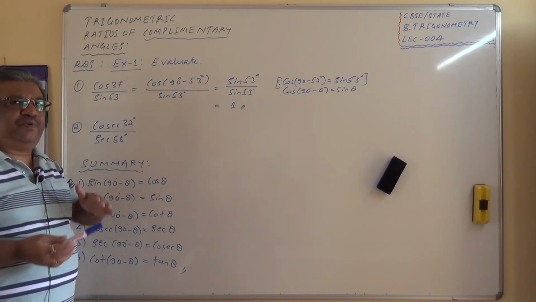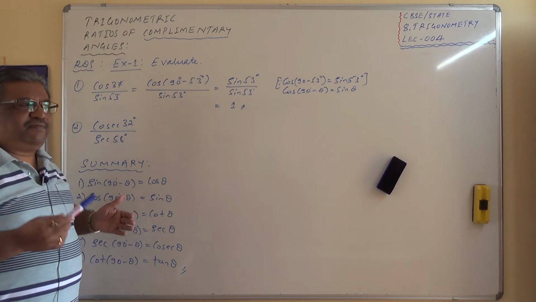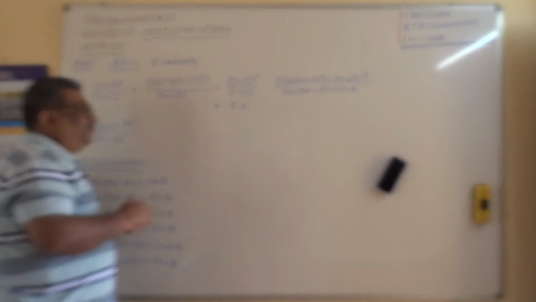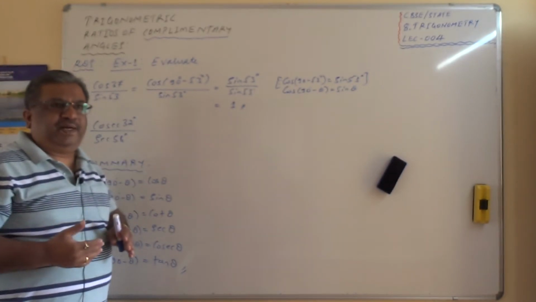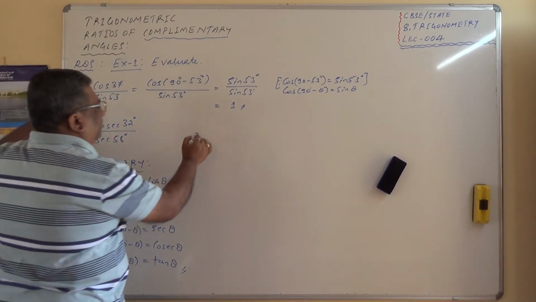If you change both, you will not get the answer. I'll demonstrate that for you. I'll take the first sum itself. Suppose you change both of these to complementary angles, both numerator and denominator. Is it possible to get the answer? Let's have a look.